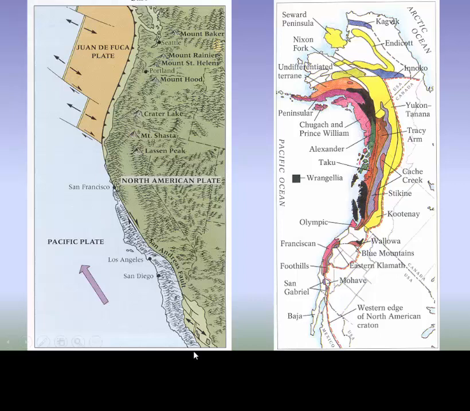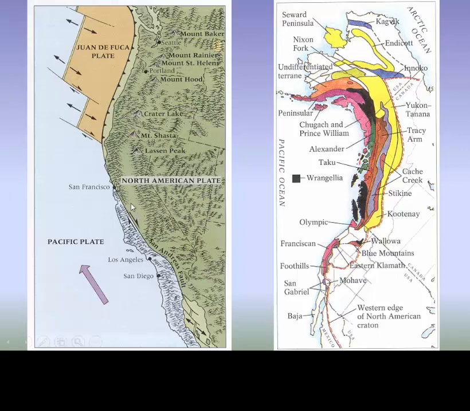And you notice parts of California are on the Pacific plate, while most of Northern California is on the North American plate. This is what we call the San Andreas Fault right here. There are a lot of other smaller subfaults here. A fault is just a break in the rock where we have movement, because it's not going to crack and break nice and easily.